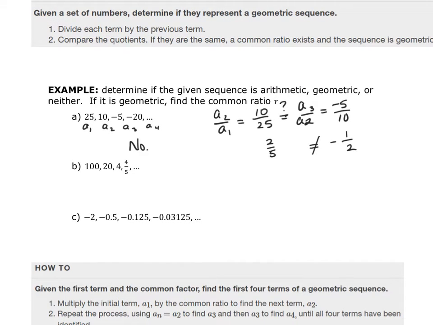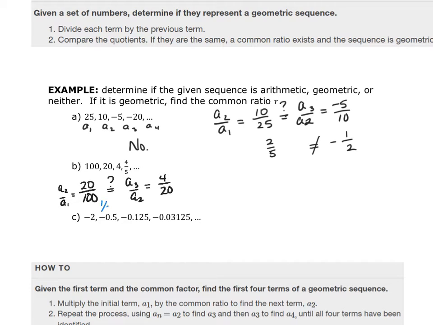Again, we're going to do a2 divided by a1. So I have 20 divided by 100. I'm going to ask myself, does that equal a3 divided by a2? My a3 is 4, my a2 is 20. Well, 20 divided by 100 is 1/5.